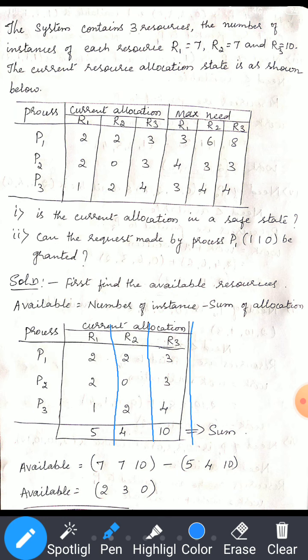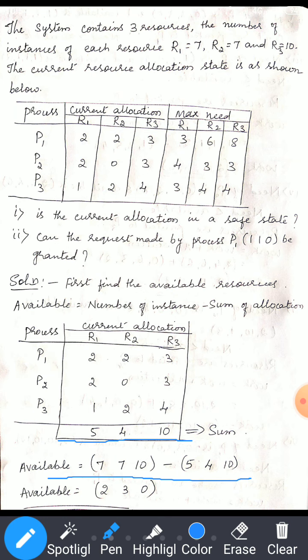Now we got the allocation of the resources as 5, 4, 10, meaning 5 instances of R1, 4 instances of R2, and 10 instances of R3 are totally allocated. Then find the available resources. Available is equal to 7, 7, 10 minus 5, 4, 10. What are these 7, 7, 10?